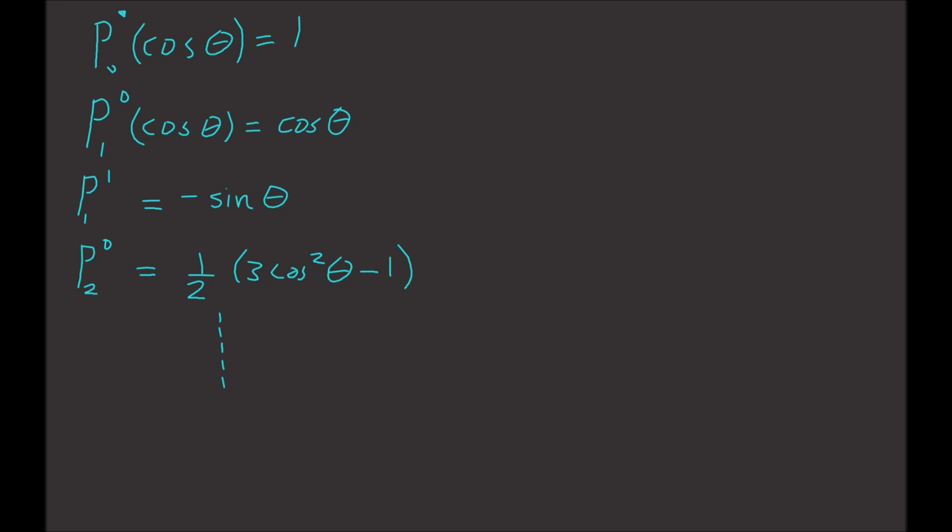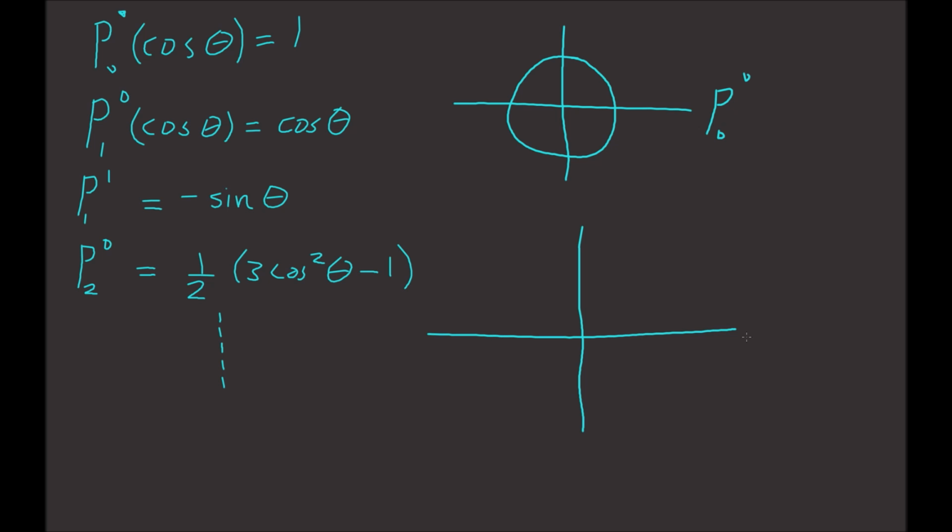Just make a search of associated Legendre polynomials. Let's draw the first few of them. So this is P 0 and 0. It's just going to be a circle, right? And if we draw P 1 and 1, it's going to be 2 circles like that.